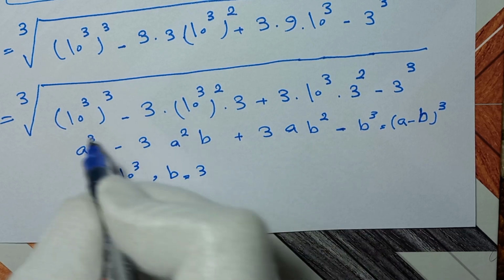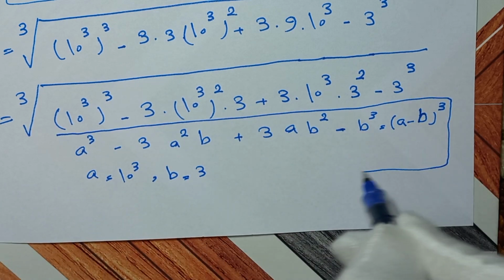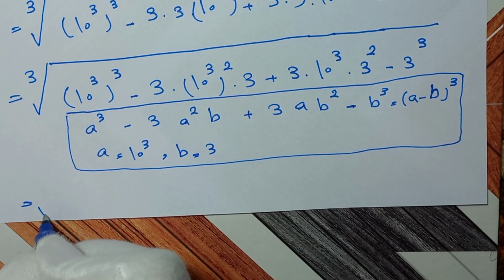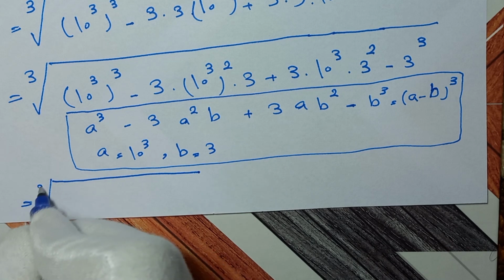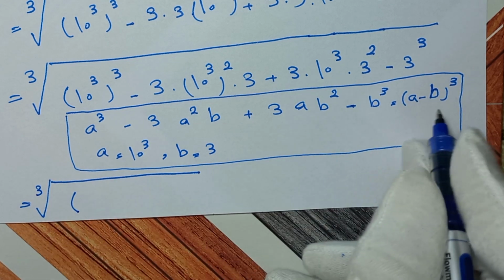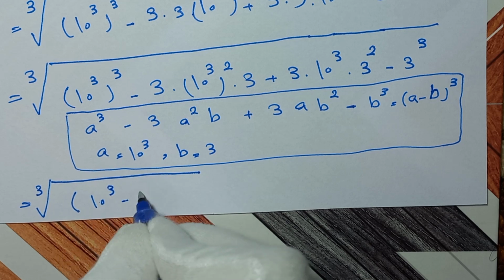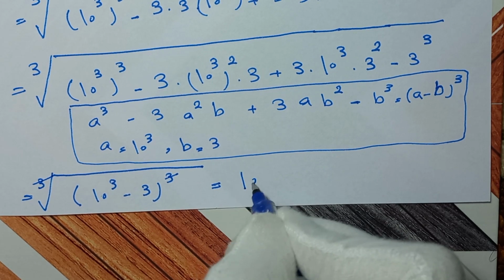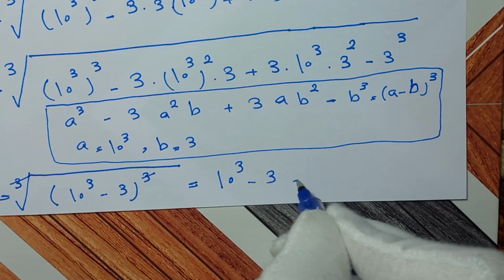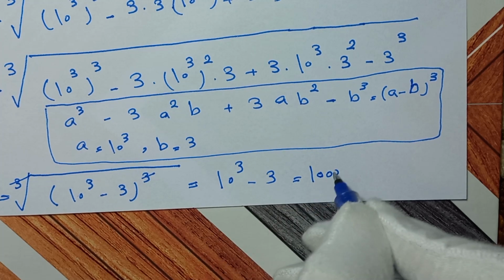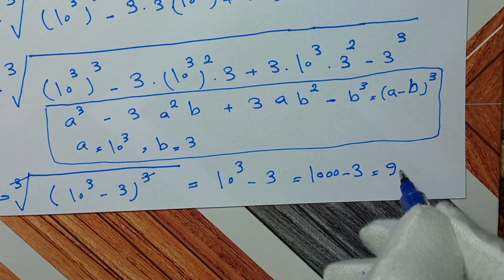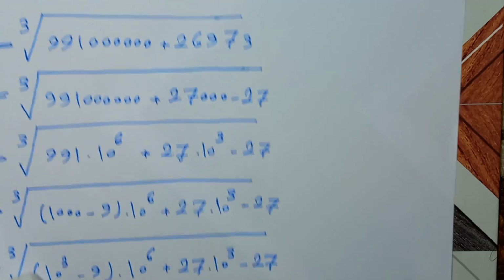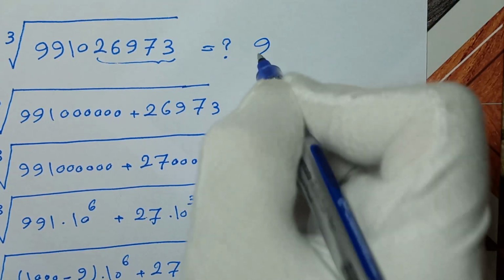So in the next step, write this in this form and it will be the cube root of a minus b to the power of 3, where a is 10 to the power of 3 and b is 3. The power of 3 will cancel the cube root, and it will be 10 to the power of 3 minus 3. 10 to the power of 3 is 1000, and minus 3 is 997. So our answer for this is 997.